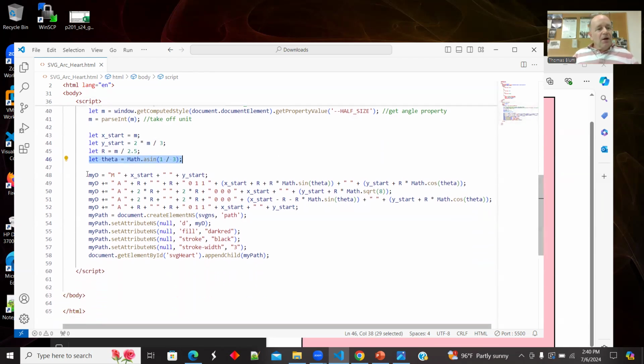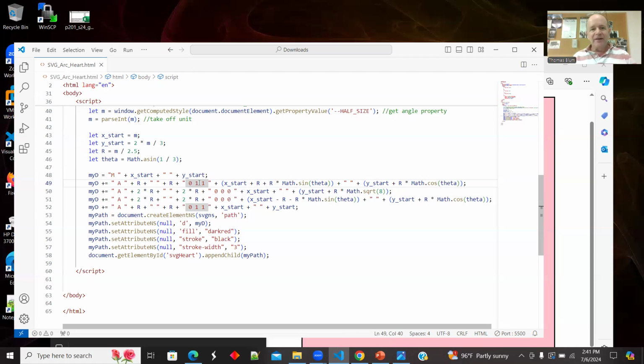Okay. So here we go. Starting point was X start, Y start. And then I am making an arc with a radius of r. There are these numbers when you're drawing an arc, and the first one is the orientation, but I'm doing circles, so the orientation doesn't matter.